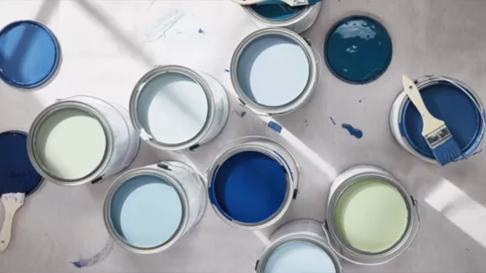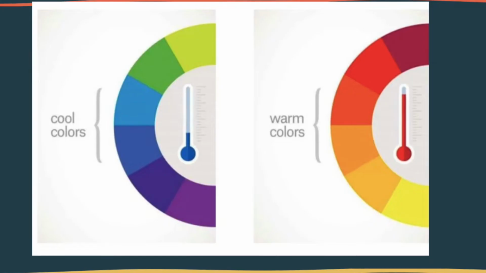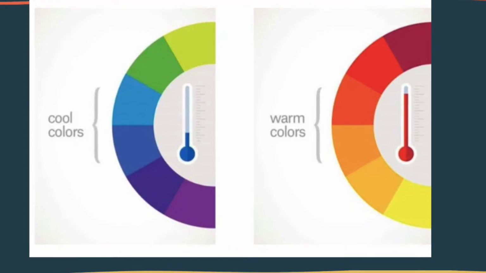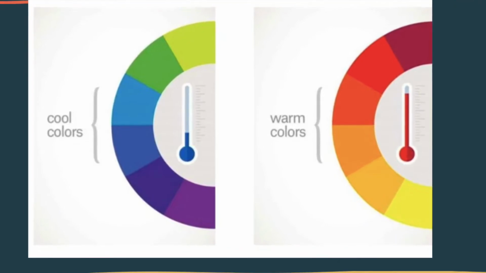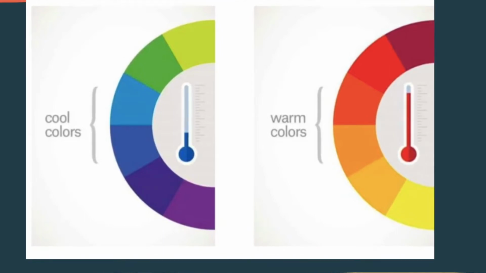Unlike warm colors, cool colors look as if they recede, making them great for small rooms if you want them to appear larger. So if you have a tiny bedroom or a small room that you want to enlarge visually, try painting a color such as light blue to make it more spacious.